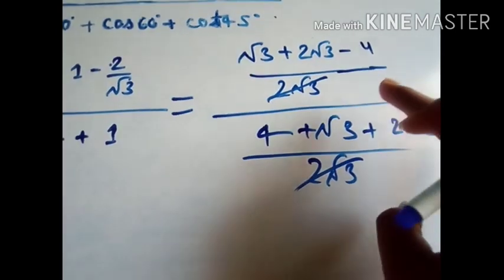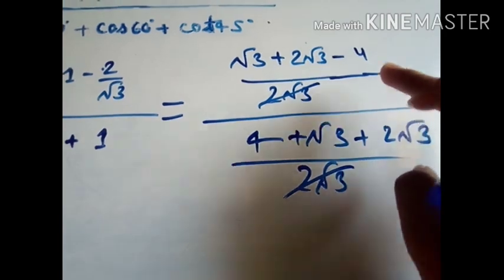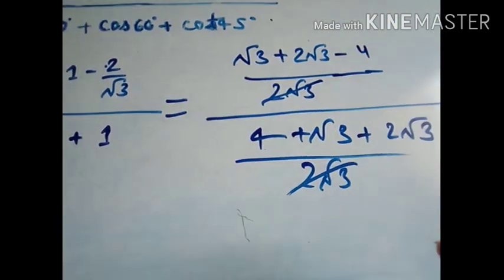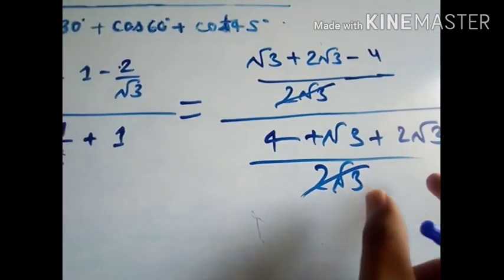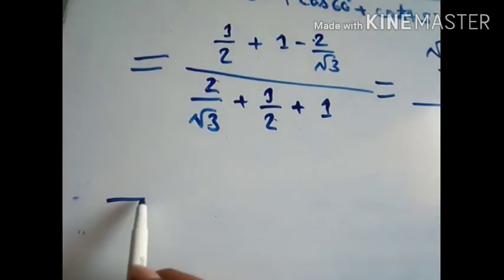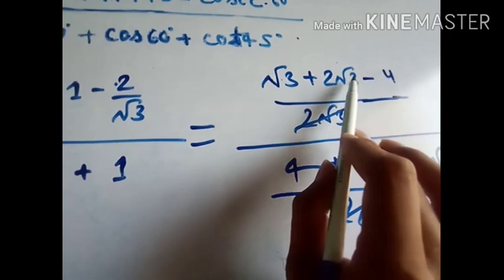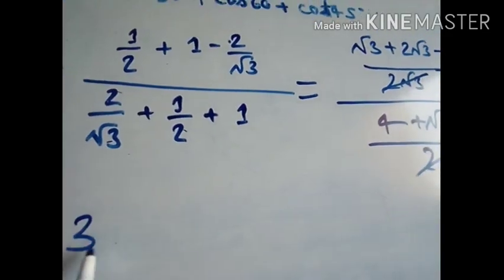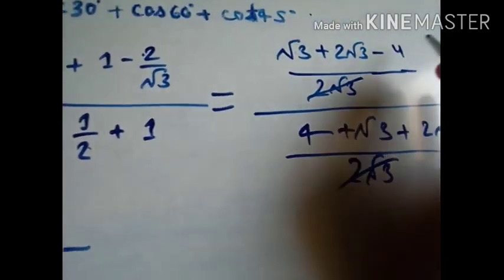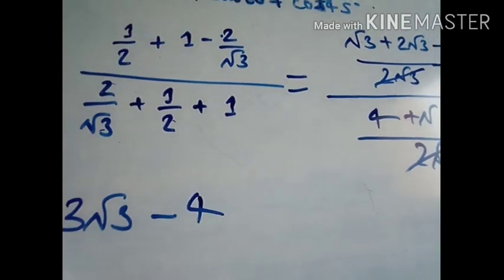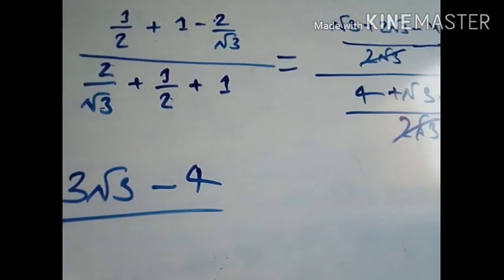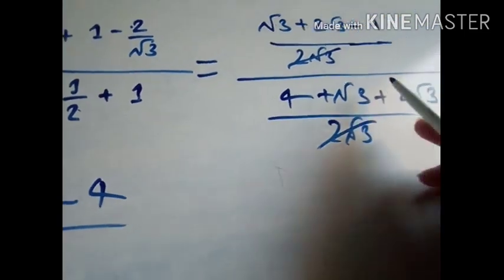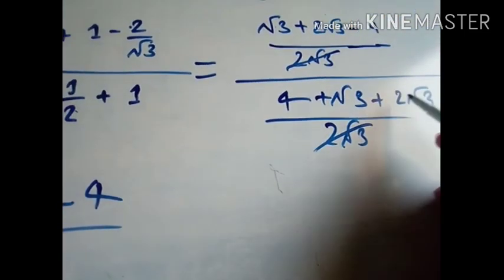Yes, it really happens. This is the way to do it. Now the left part, I am writing here: √3 plus 2√3 becomes how much? 3√3. Good. Minus 4 upon 4, it is just an integer, so write it as 4, and √3 plus 2√3 becomes 3√3.